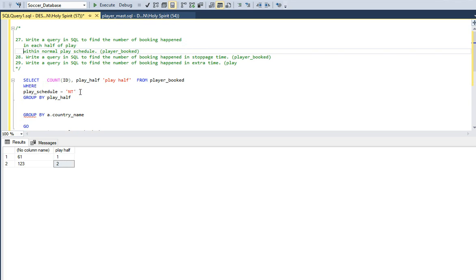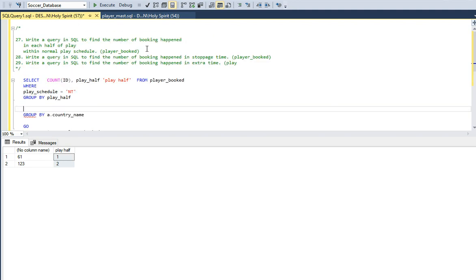Play schedule is equal to NT. Group by play half. We have to group by this one so that you get this. Whenever we are using count, we have to group by whatever is coming along with this column. We have to group by other columns, whatever we are selecting with count. There is only one we are selecting now with count, so the one we listed in play half. Yeah, there we go.